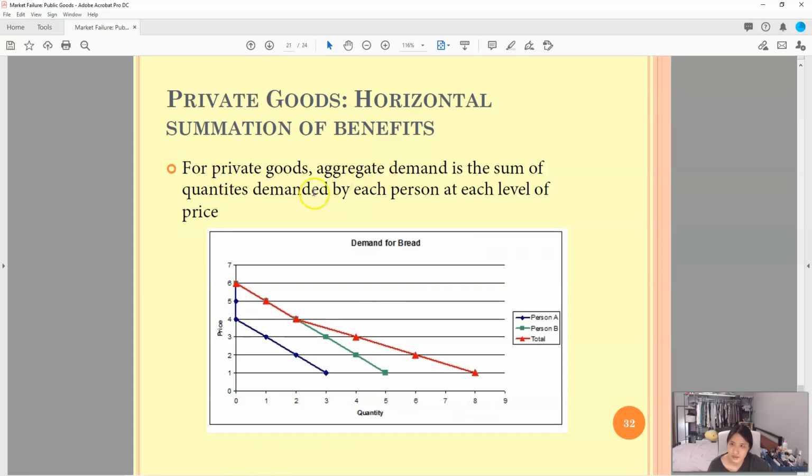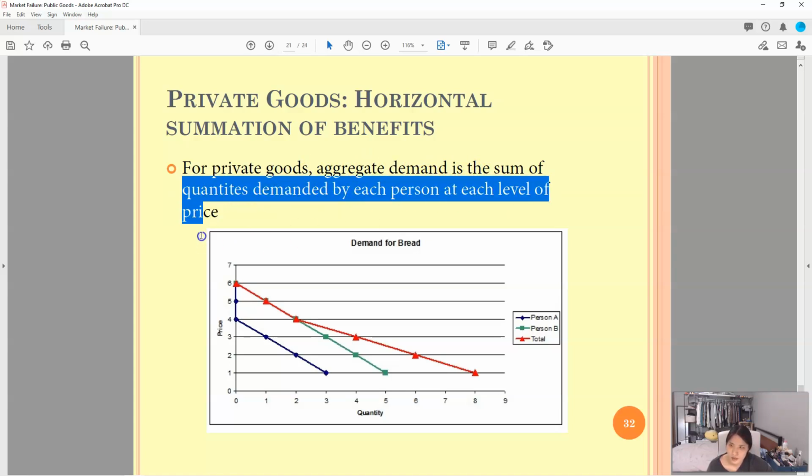For private good, the aggregate demand is the sum of quantity demanded by each person at each level of price. Think about the difference. That is because for private good, at a certain price, when you consume more, the producer can produce more, right? But for public good, when you consume more, will there be more air? No, that's not the case. So that's the difference between the public good and the private good.